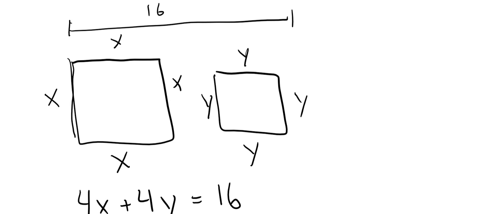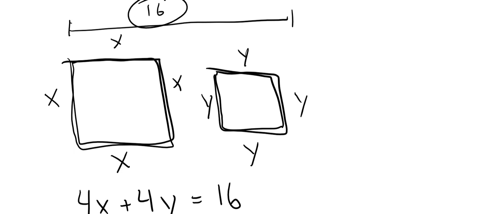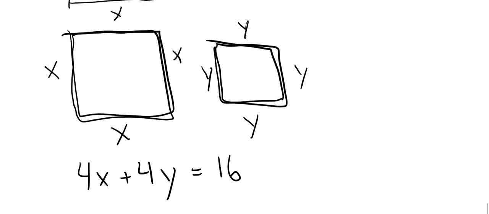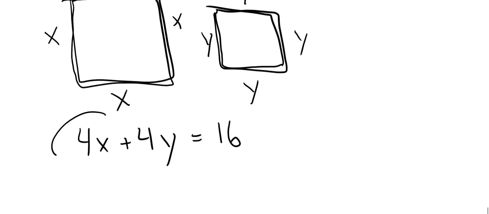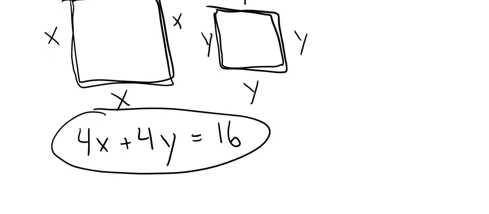It's saying that if I go all the way around this square, which is 4x, and I add all the way around this square, which is 4y, it should add up to be the sum of the total wire that they give you, which is 16. And so we're just going to hold on to this relationship for right now. We're going to use it in a second.